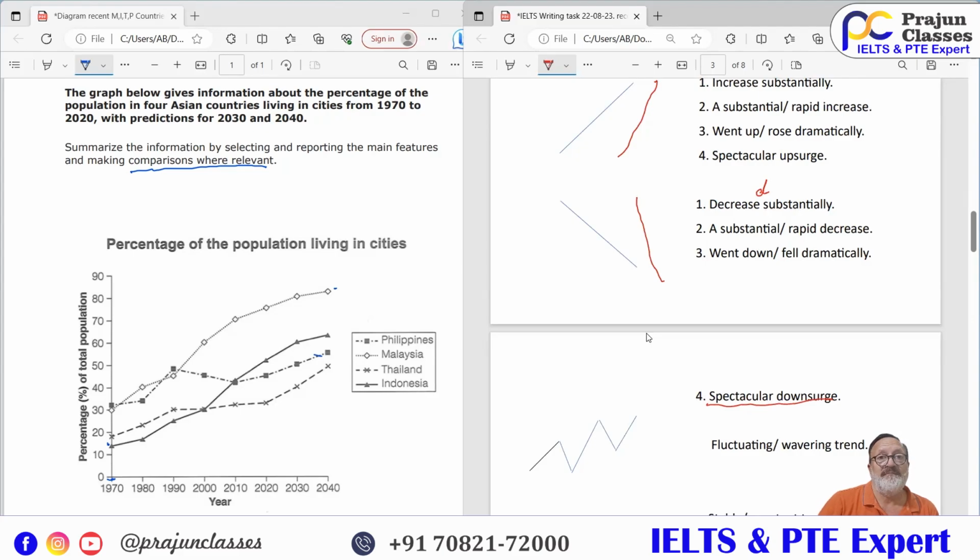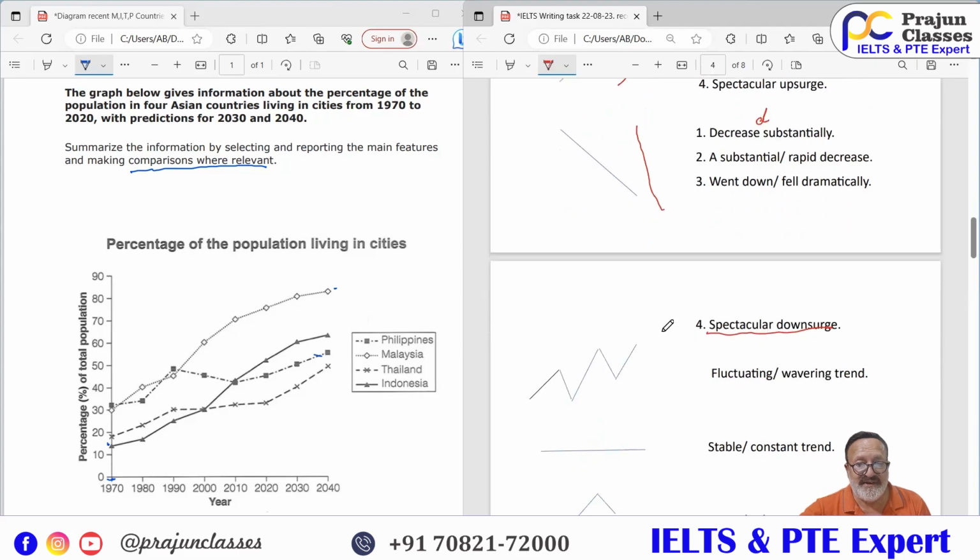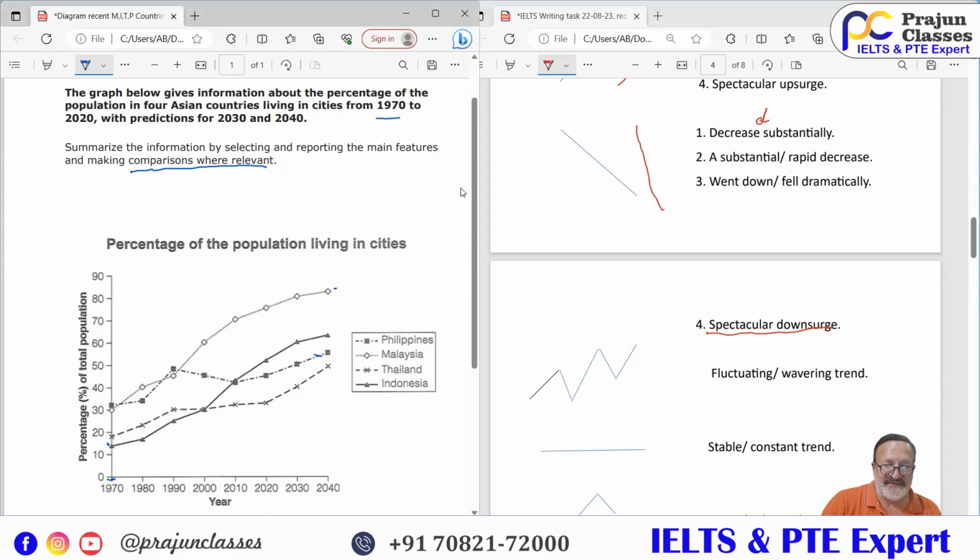So these are all the vocabulary you should be careful about, because in a task response we have to report the first year figures, we have to report the final year figures, and we have to report the trend in between. The trend is going to consist of all this. And why are we using past tense? If you are given years in your question, like 1970, 2000, then the tense has to be in the past.